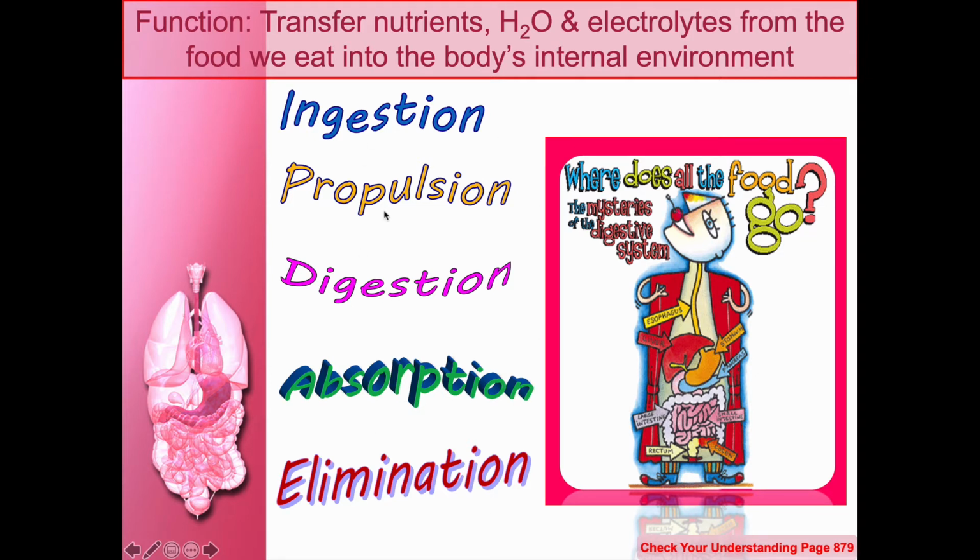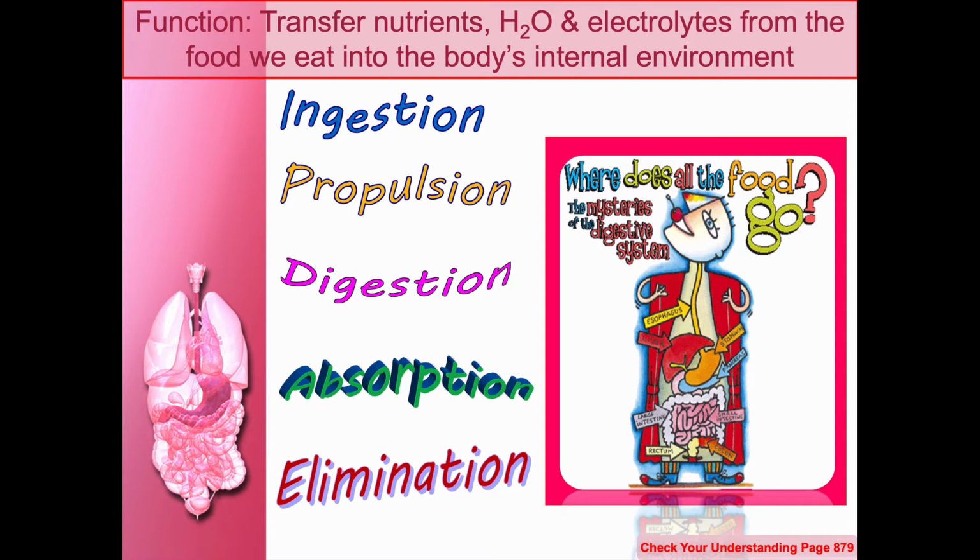What food do we eat? We eat carbohydrates, vitamins, fats, and proteins. The proteins are absorbed as amino acids, fats are absorbed as fatty acids, and the carbohydrates are absorbed as glucose.